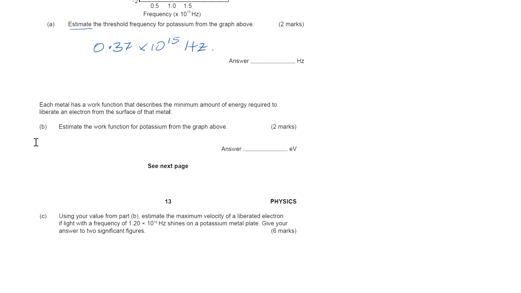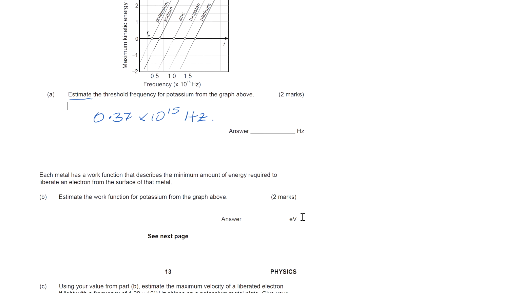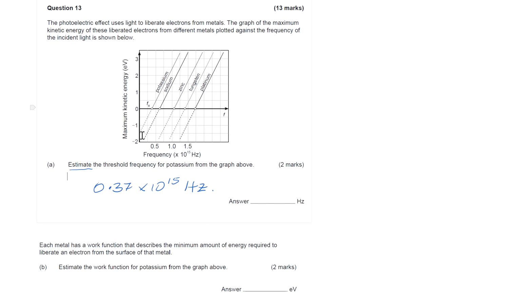Right, the next question says, each metal has a work function that describes the minimum amount of energy required to liberate an electron from the surface of that metal. Estimate the work function for potassium from the graph above. Now, there's a couple of ways that you can do this, but the quickest way is to use the y-intercept, and it also gives us units of electron volts, which is what the answer has asked you to find it in.